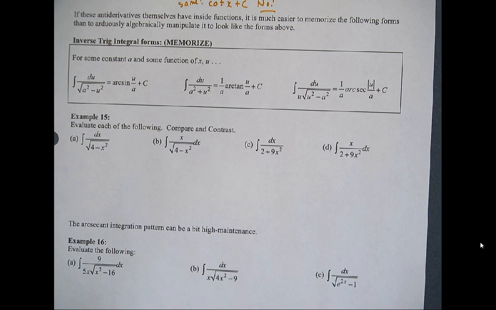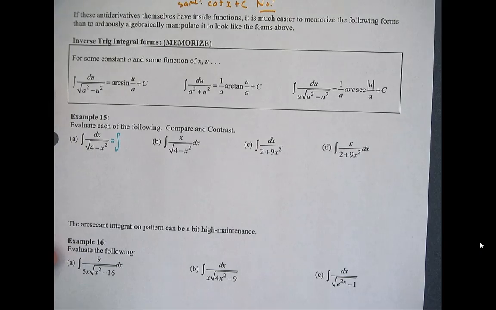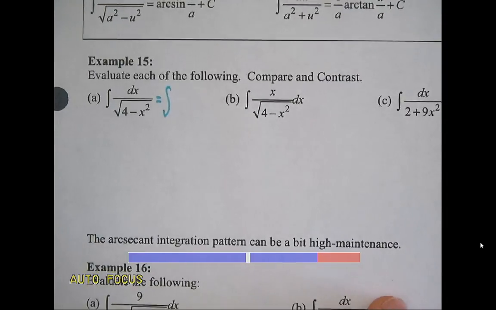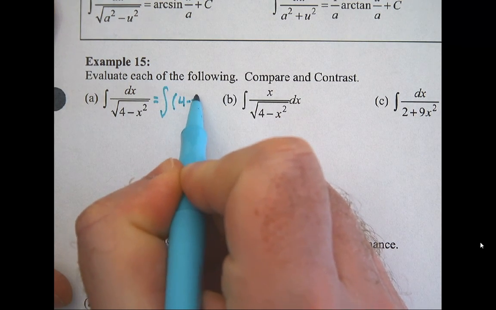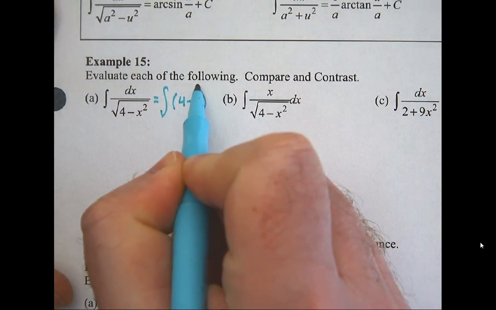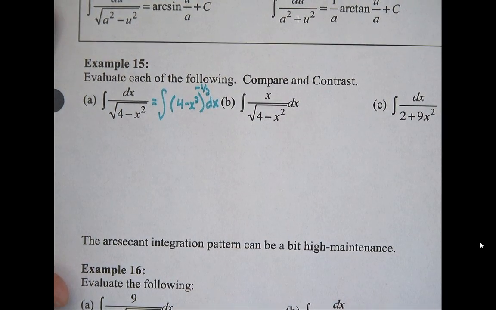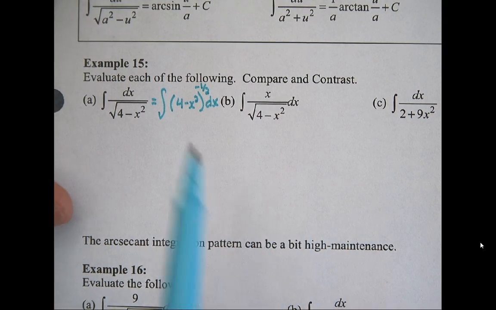So I always like to start off by trying to rewrite this so I can see if I can use a u/du. So let's think, how would you rewrite this integral? I would rewrite this as the quantity of 4 minus x squared to the negative 1/2 dx. That root was on the bottom, so when I brought it up, I would try this with the u/du first.